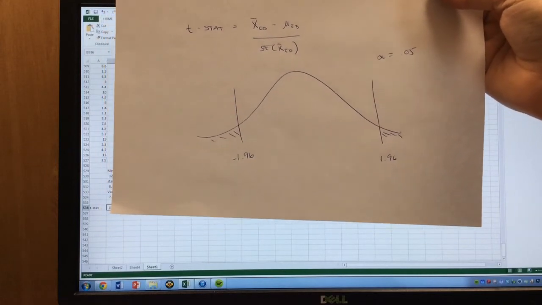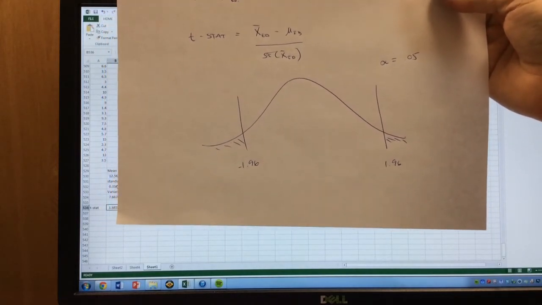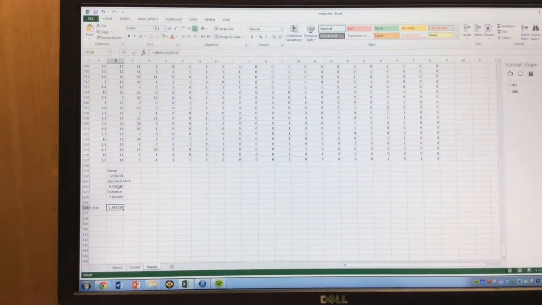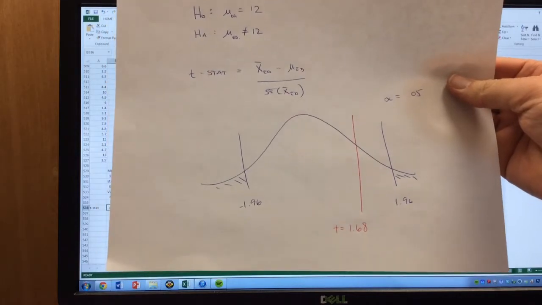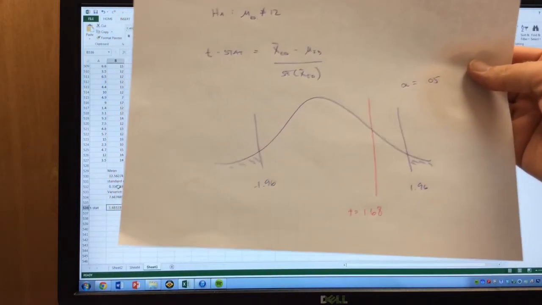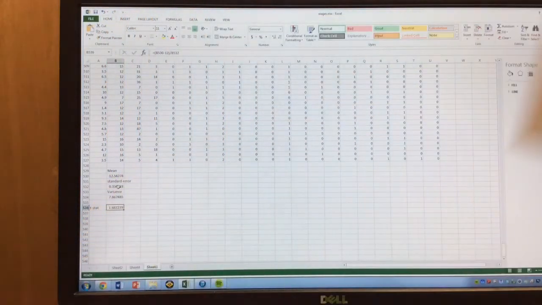It's centered around the population mean, and we got a t-stat of 1.68. So that means it does not fall in a rejection region, and we fail to reject, and we say that our estimate of 12.56 is close enough, or is not statistically different than the population mean of 12.